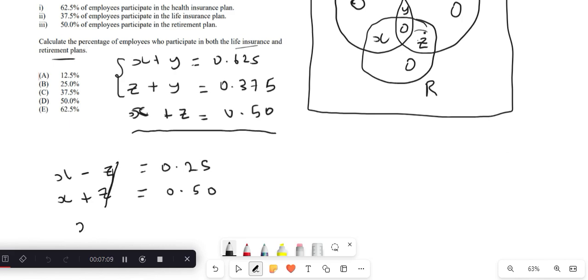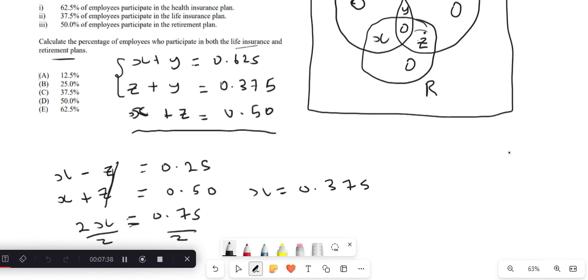When I add these two, the Z's will disappear and I get 2X is equal to 0.75. Divide both sides by 2, and X is equal to 0.75 divided by 2, which of course is 0.375.